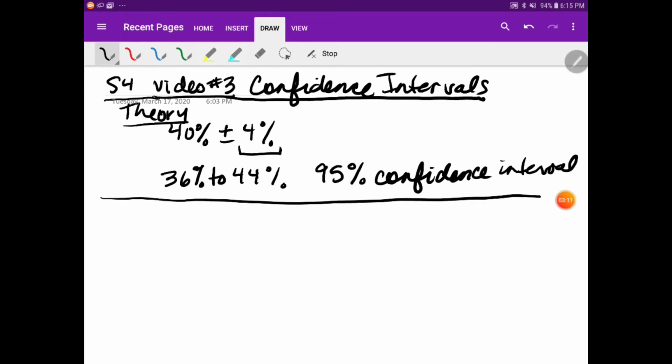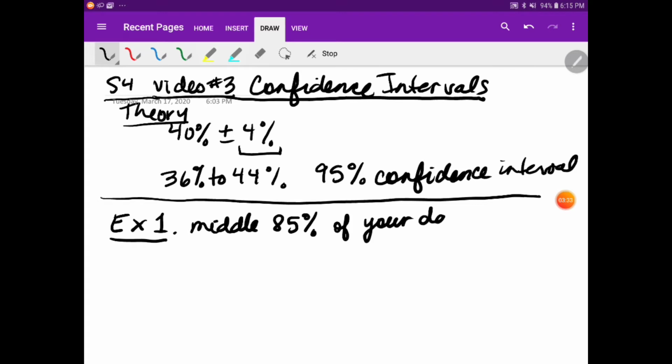So let me show you what they give us for the problems. Let me just teach you through an example. So this is going to be example 1. Okay, so what it says is the middle 85% of your data, and this is trying to get you used to confidence intervals.